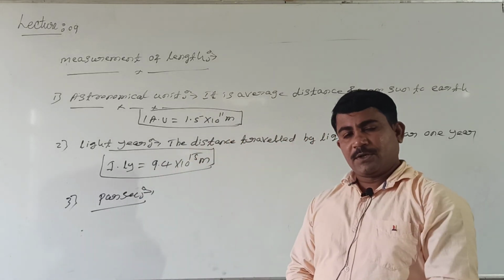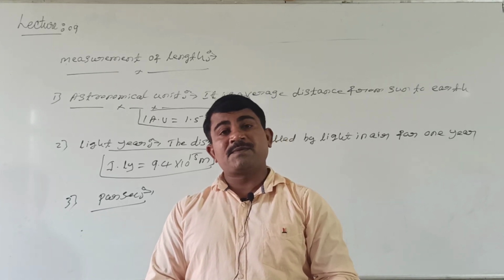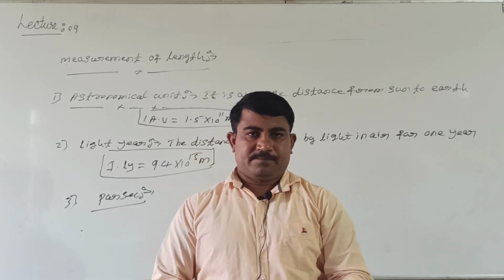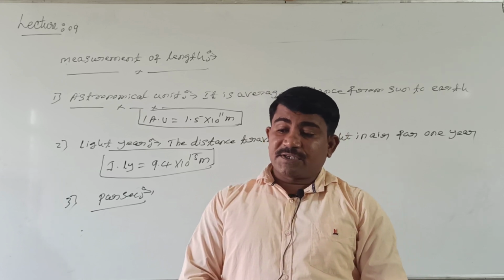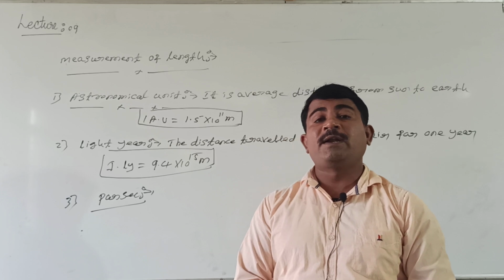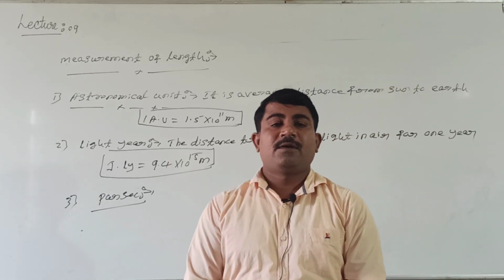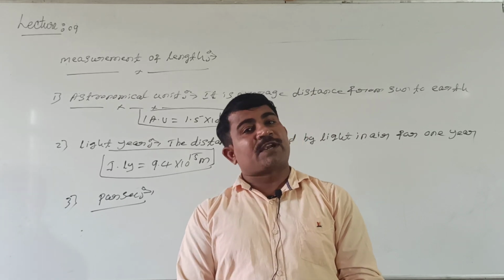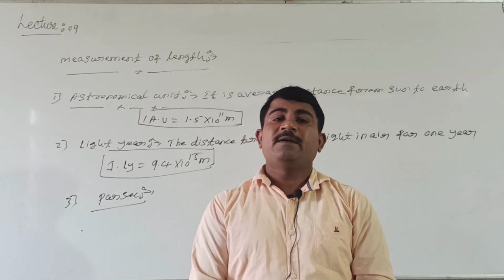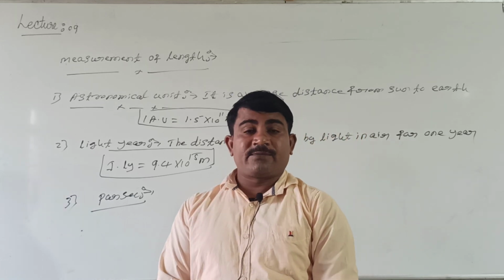Students, parsec is the distance from the Sun to an object which has a parallax angle of 1 arc second. That is what we call a parsec.